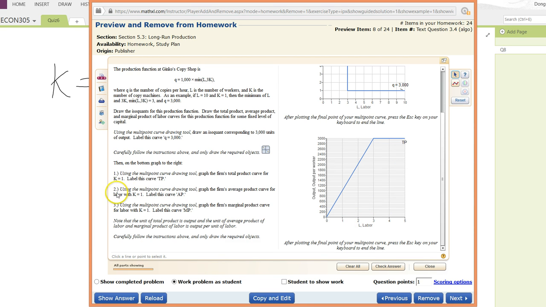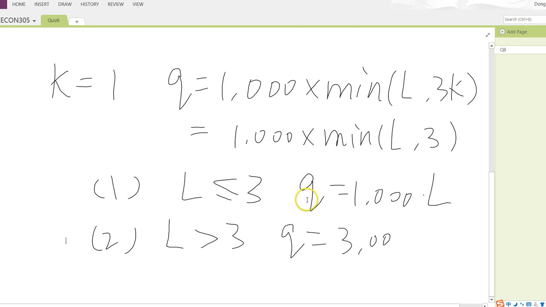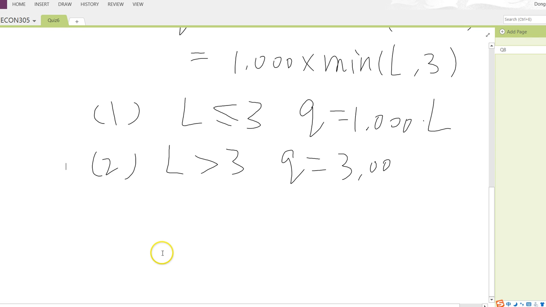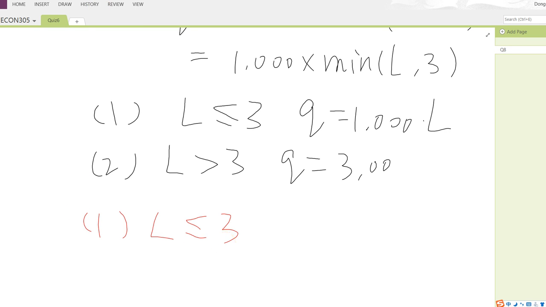And number 2, we want to draw the average product curve. So average product basically is the total product divided by labor, the L. Hence, we can also have 2 parts for the average product. L is less or equal to 3, hence Q divided by L, that's the AP, average product.